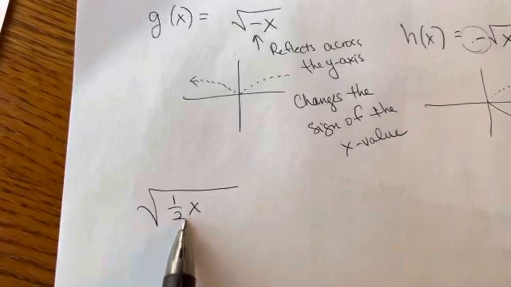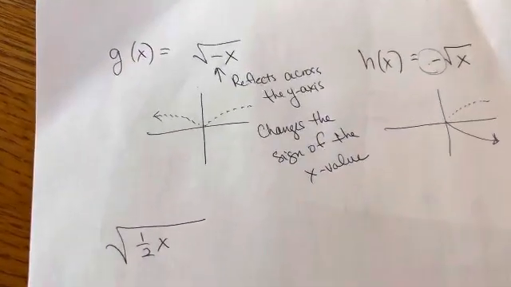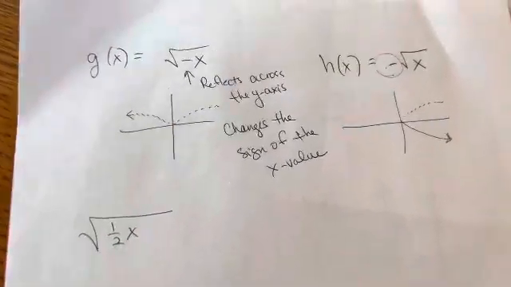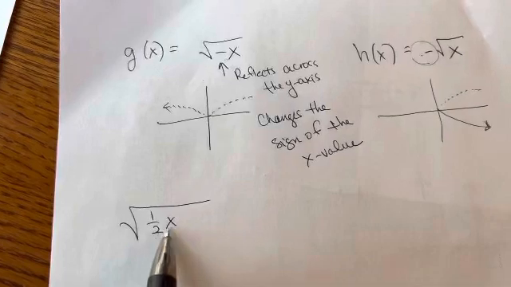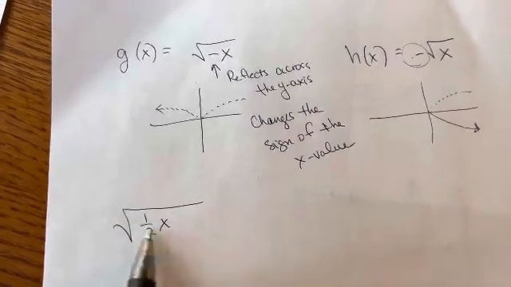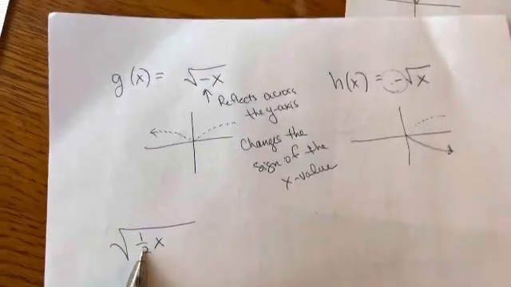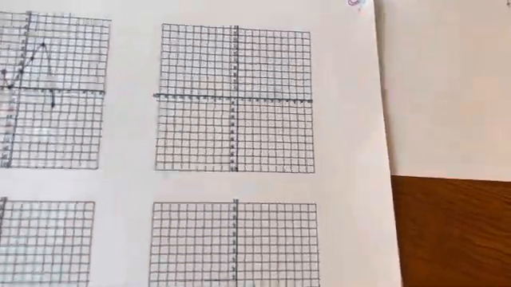I don't know that they give those to you on your homework. If they do, let me know. But I think the easiest thing to do is plug in values. But if you've got a number on the inside, just remember, if it messes with the x, it does the opposite of what you would think. I don't think they're that cruel to you to put values on the inside. Let me know if they do.